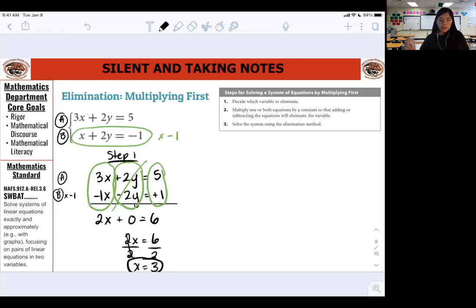Okay. So step 2 is the same. Nothing changes for step 2. We're still just going to choose one of the original equations to plug it into. I say we choose equation B. It doesn't really matter, but this one is a little bit simpler.